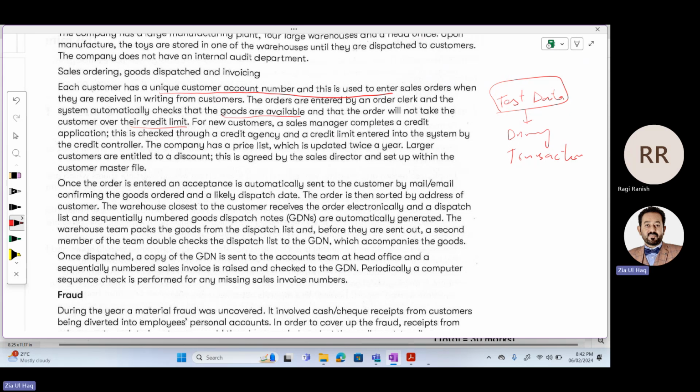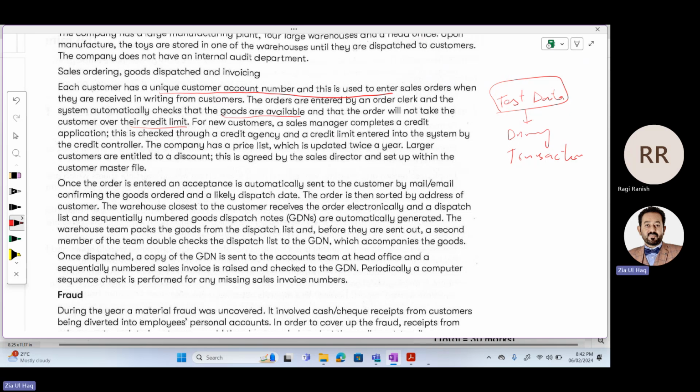So using test data, enter an order into the system for overstock and over credit limit to see the system rejecting that order.